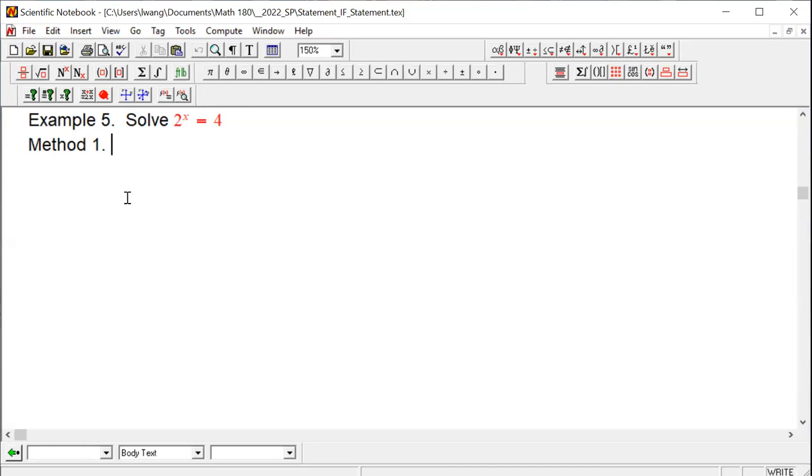So for example, what if I give you 2 to the power x equals 5? Can you give me the answer? We do 2 to the power x equals 4 because we want to explore these different methods so we can solve any question for any given input, for any given output.